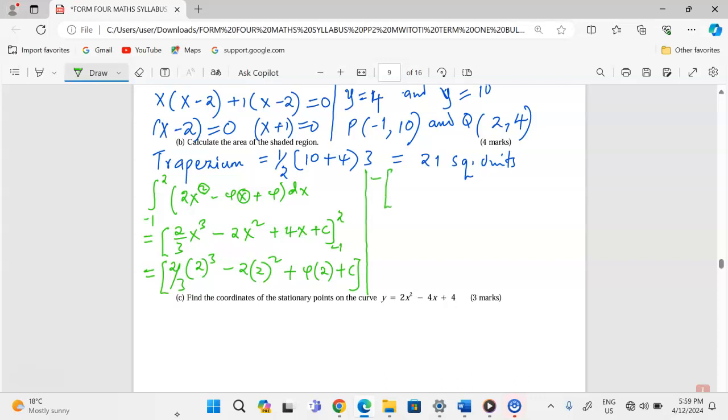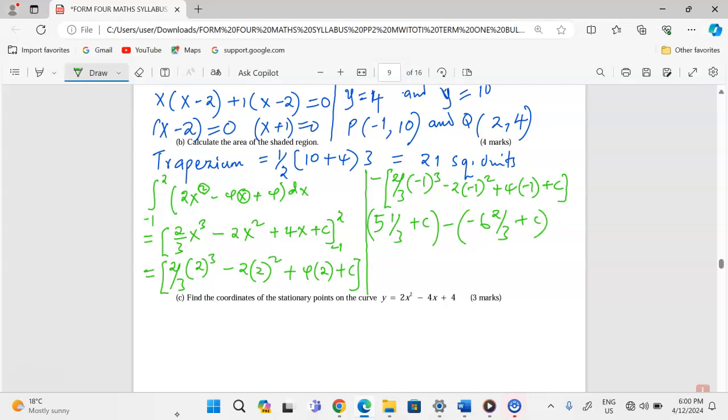When we substitute x is -1, 2/3 into -1 to the power 3 minus 2 into -1 squared plus 4 into -1 plus a constant c. Therefore, in the first case, we're going to get 5 1/3 plus a constant, minus -6 and 2/3 plus a constant.